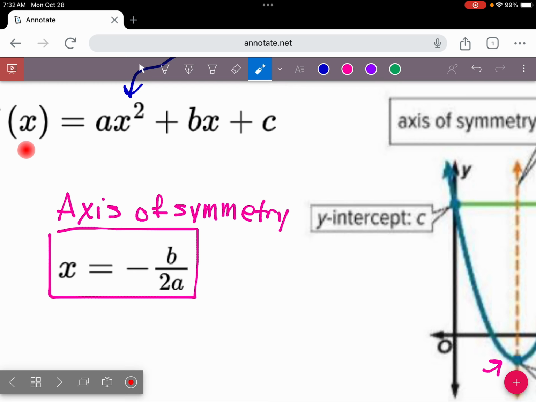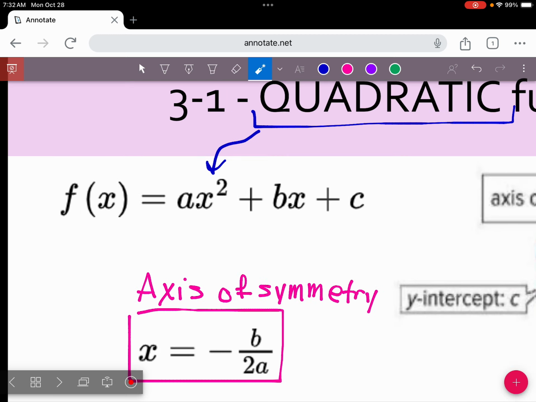It says y equals or f of x equals, or it says 0 equals. If there is a number there, we are not in standard form. So it has to be a 0 or a y. So this chunk needs to be 0 or y, or f of x, or h of x, or whatever of x it is. Has to be in order for us to be able to use this tool.